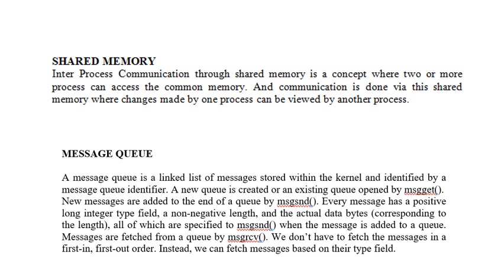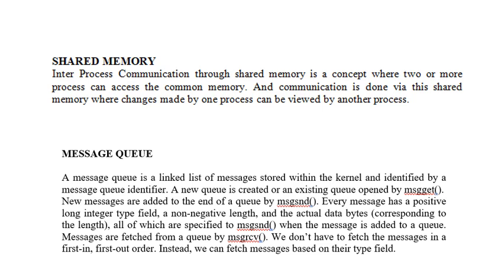Every message has a positive long integer type field. The message format has a positive integer type field, a non-negative length, and the actual data, with the length given in bytes.